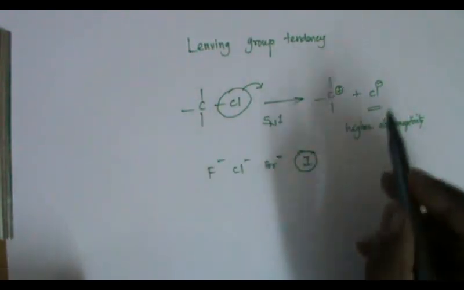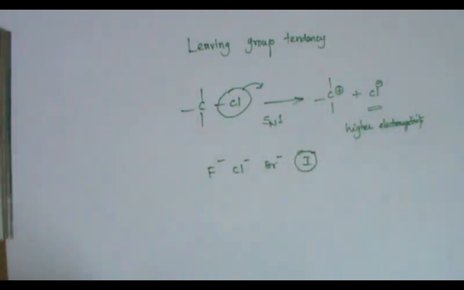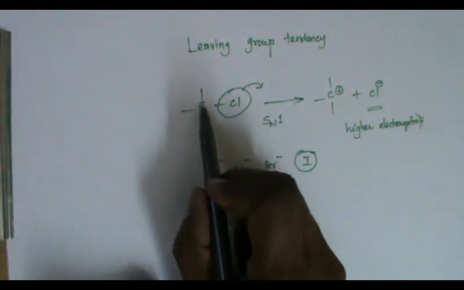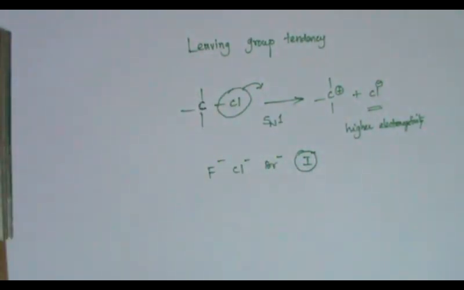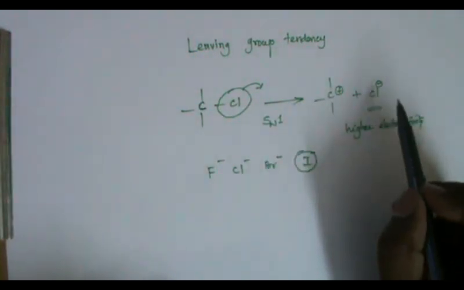For that, the electronegativity also plays a role. I won't say it is only because of electronegativity. Even the substrate, whether it is a primary carbocation or secondary carbocation, also plays a role. But mainly it is because of the electronegativity.